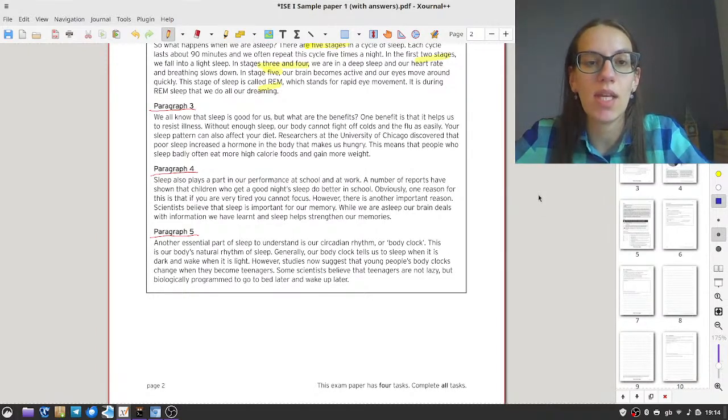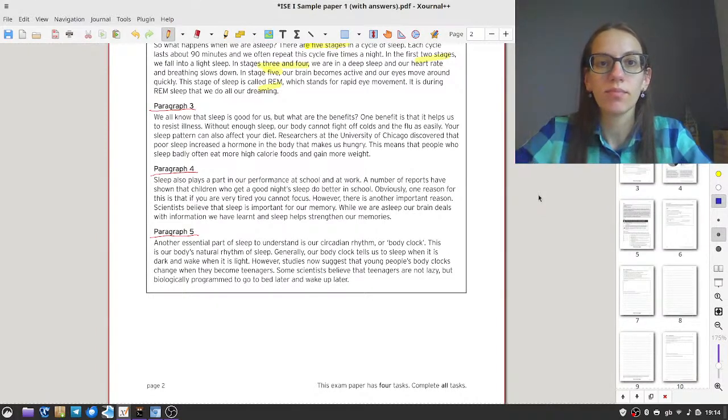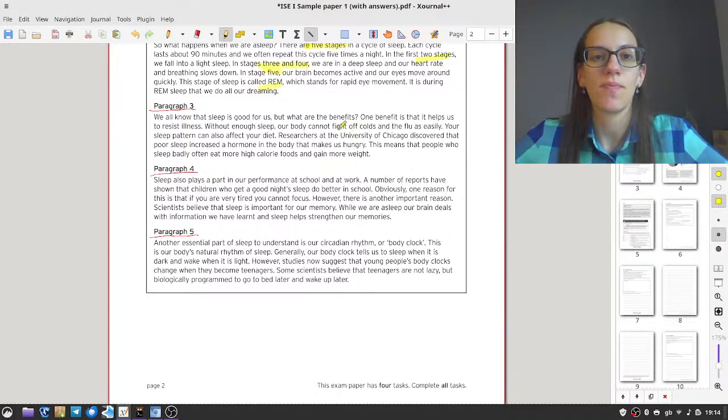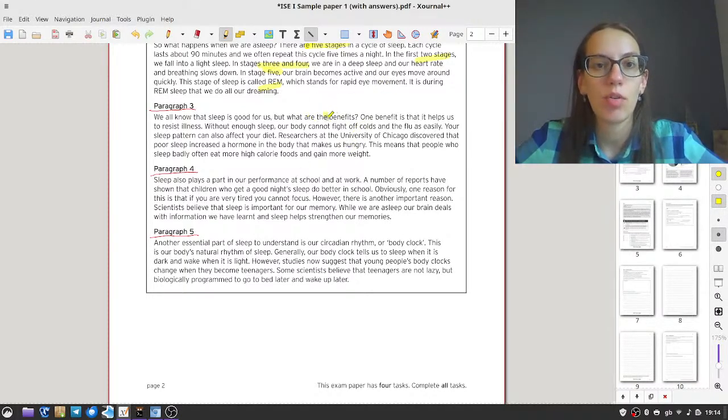So, what's the main idea here? Again, this is the first question we want to ask ourselves before we even look at the options. Just think, well, what's the main idea? What is this paragraph about? So, here we have benefits. Yeah, benefits of sleep.